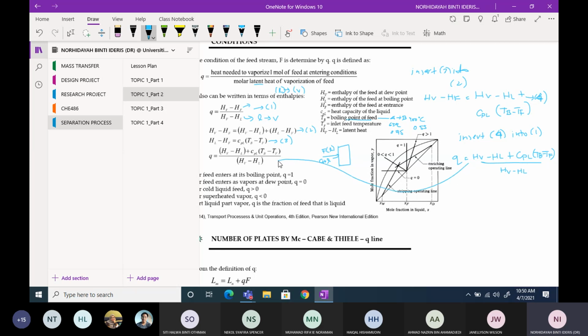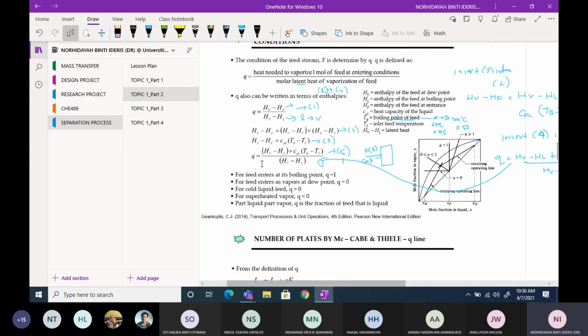From this equation we can eliminate the HF, because usually we have the data for the H vapor, H liquid, and also the CPL and TB. TF is also known, the feed temperature. So this is the equation to represent the Q.